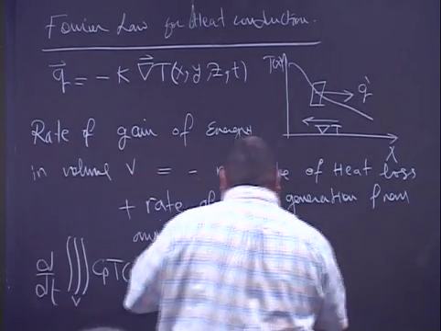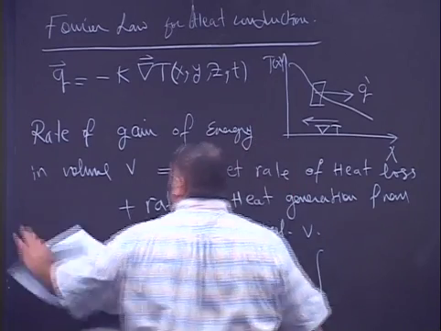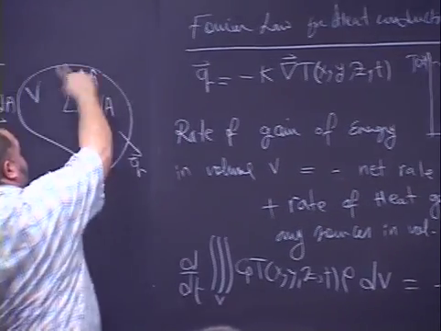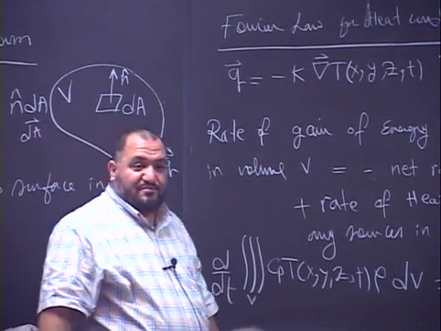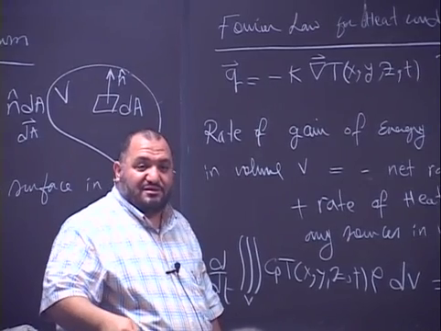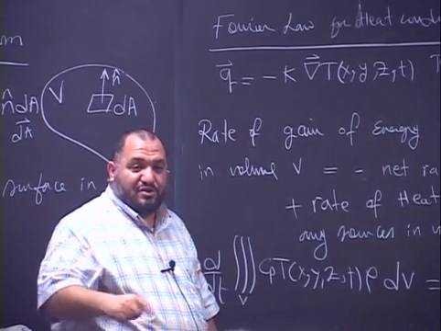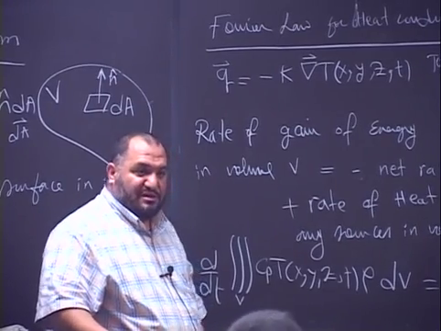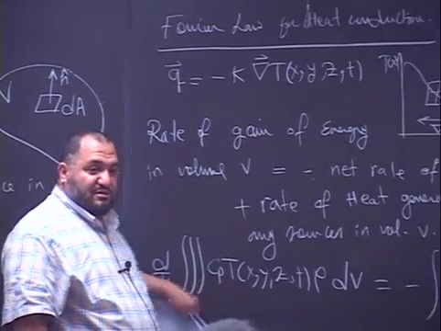And what are the losses now? If you have a surface like this, the losses will be what? The heat flux integrated over the surface area. Yes, because the heat flux is heat per unit time per unit area. When you integrate it over area, it will give you heat per unit time.